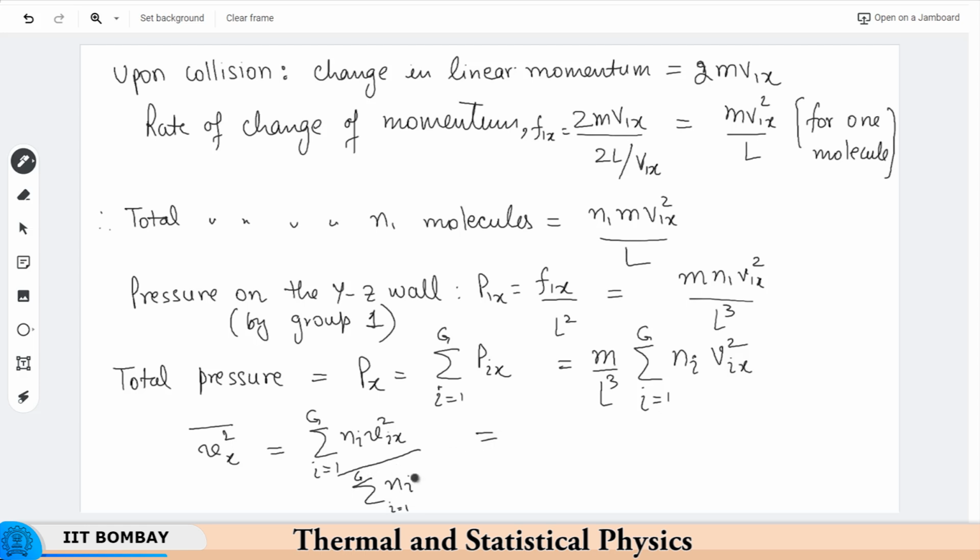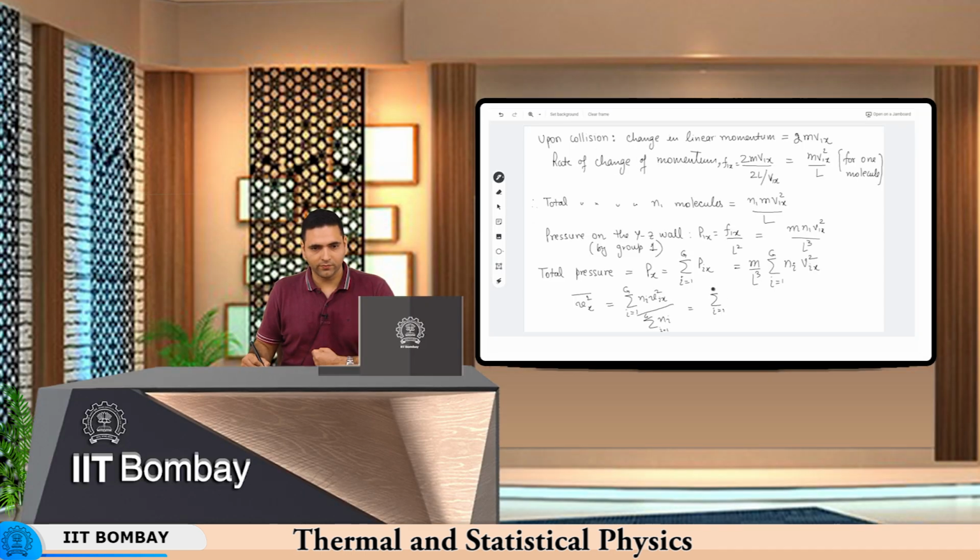And what is this? This is basically nothing but the total number of molecules. So this can be written as the sum over i going from 1 to g of n_i v_ix squared divided by capital N. And the reason we are doing this is because we will now substitute for this quantity with N times the average of vx squared. And what is vx squared average?